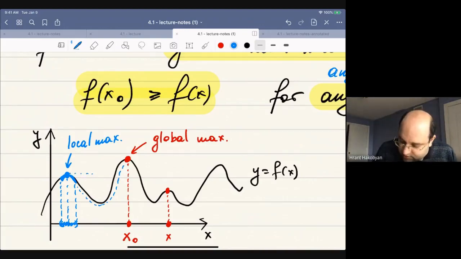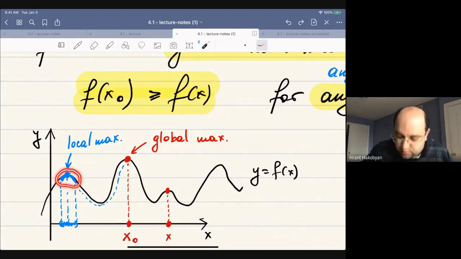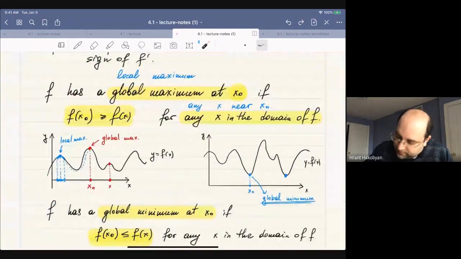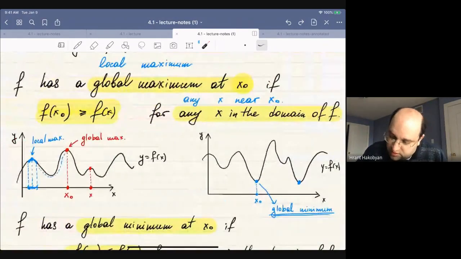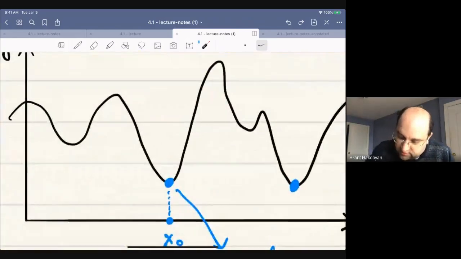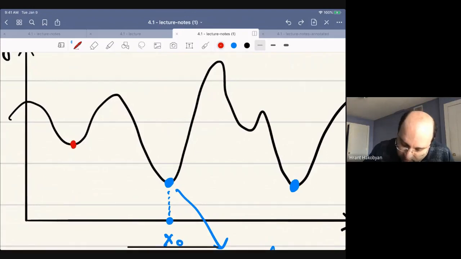So here it's not a global maximum because this one here is bigger, but it is a local maximum because if you stay nearby, in this neighborhood, it is still the biggest. Similarly, we can have a local minimum. So let's look at this graph here again. I have now this point here, and it's a local minimum.